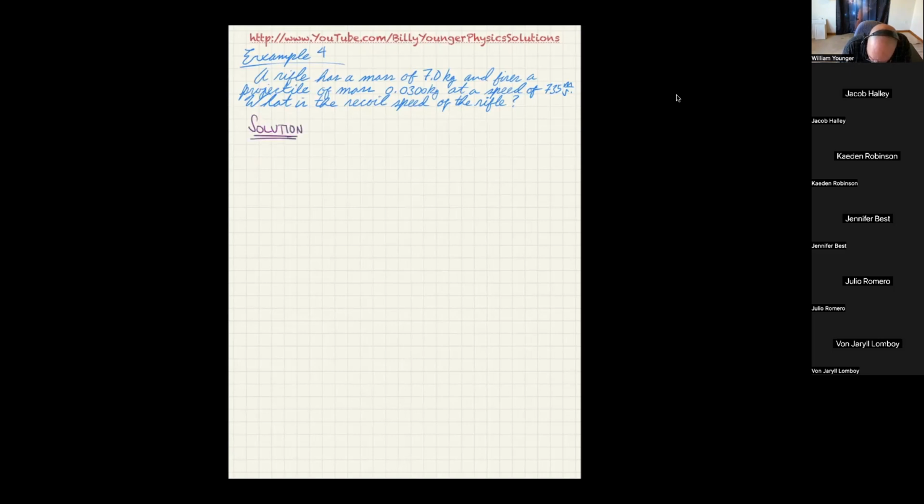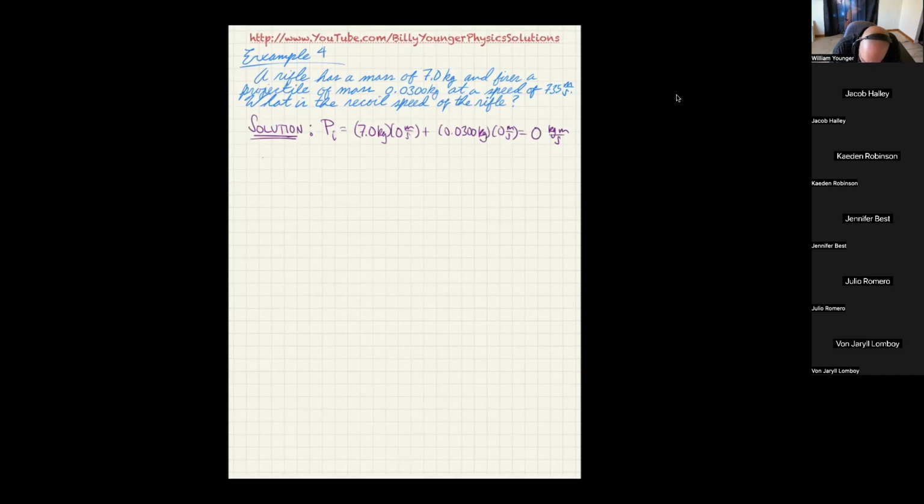So here's our solution. We're going to say again, P initial is equal to 7.0 kilograms times 0 meters per second plus 0.0300 kilograms times 0 meters per second, which is equal to 0 kilogram meters per second. Okay.